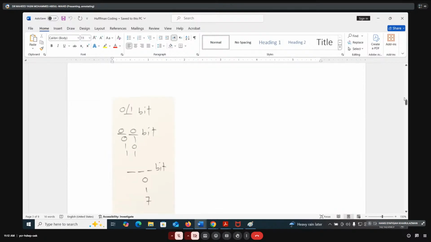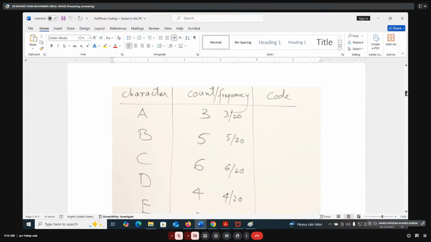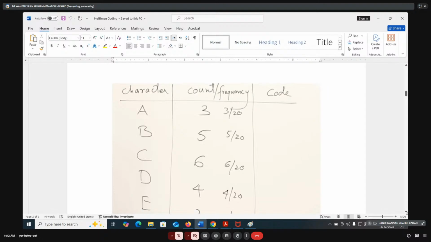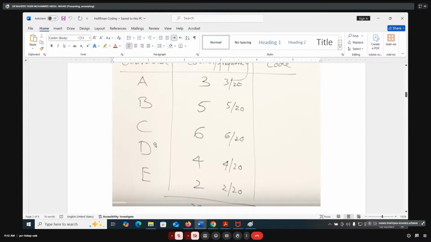How many letters do I have? 1, 2, 3, 4, 5. If I use 1 bit, I can represent only 2. If I use 2 bits, I can represent 4 characters. If I use 3 bits, I can represent up to 8 characters. Here, because we have 5 letters, I will use 3 bits.